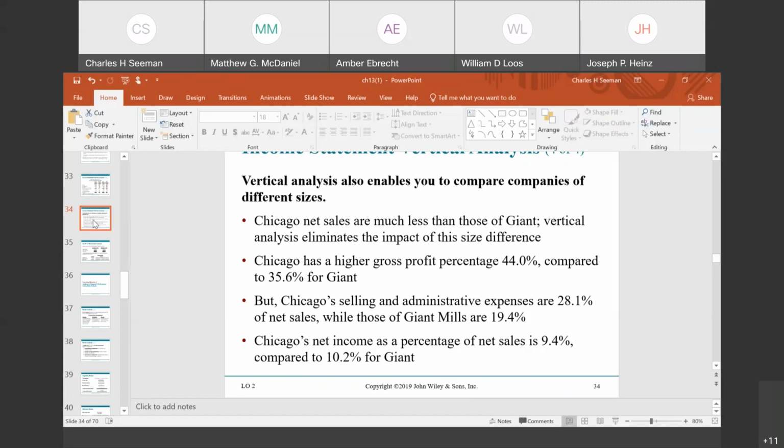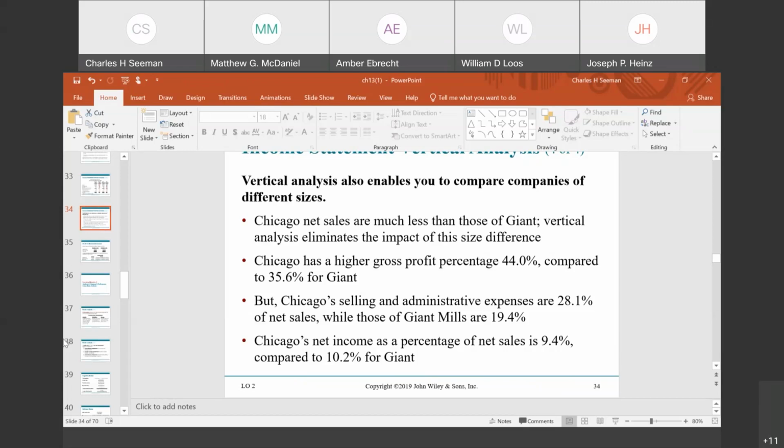But Chicago's selling and administrative expenses are more. So it's spending more in running the daily operation of the business and marketing the business. 28.1 cents of every revenue dollar is going to Chicago's selling and administrative expenses, whereas 19.4 cents on every dollar is going to selling and administrative expenses for General Mills, Giant Mills.